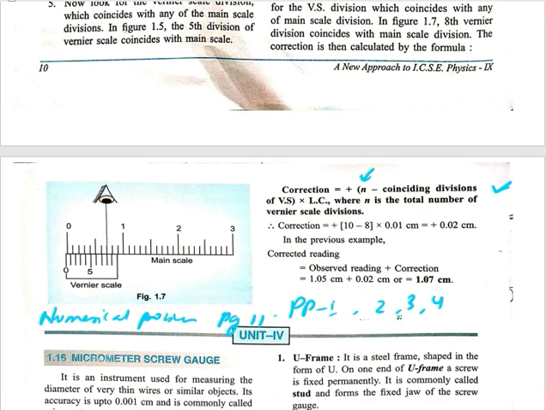Try to solve all of these. If you can't solve them, then request me and I will give you the solution, or make a video on it. But you have to try it.